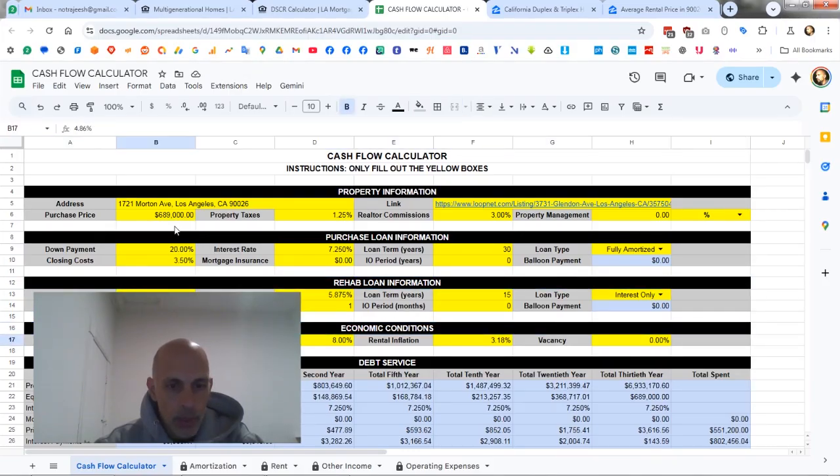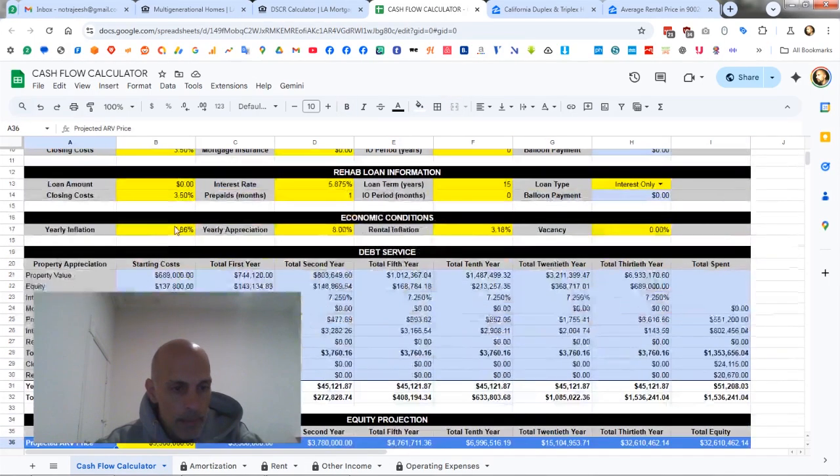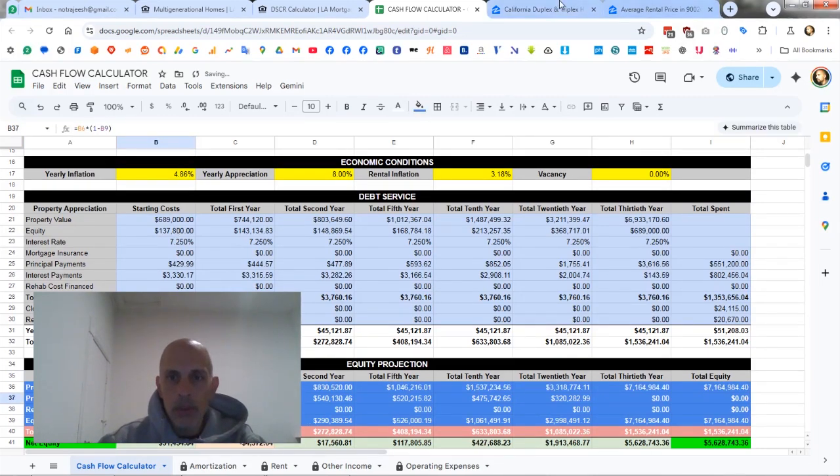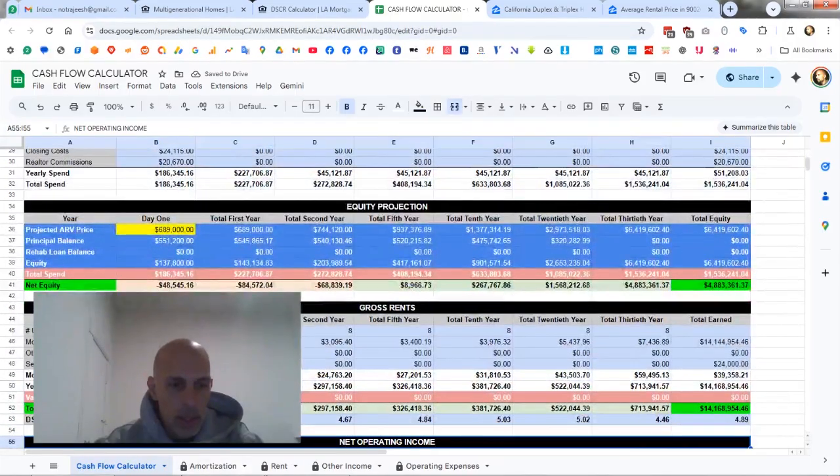Yearly inflation for LA, that sounds about right. Projected ARV, we're not going to do any improvements here. This was what, $689. So let's take a look at the cash flow here.